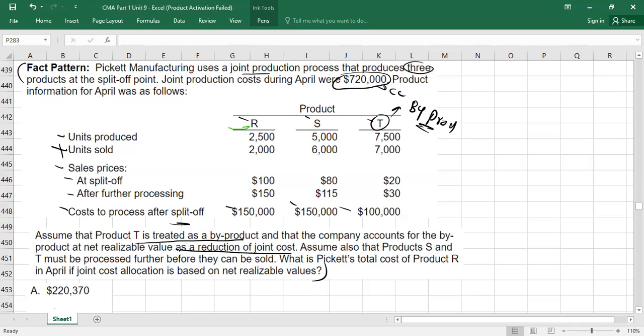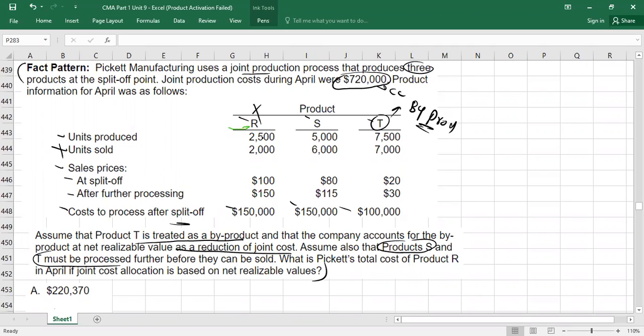And they told you whatever money you get through the byproduct will be treated as a reduction in joint cost. Okay. Assume that products S and T must be processed further. It means R we are not going to process further. S and T we are going to process further.